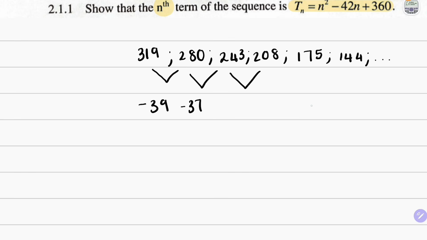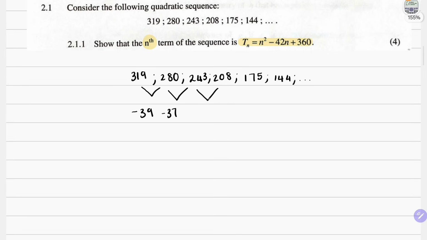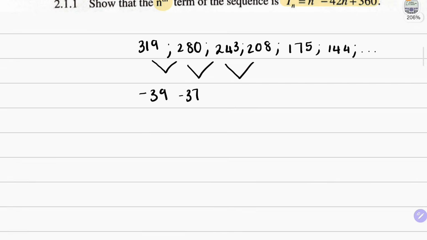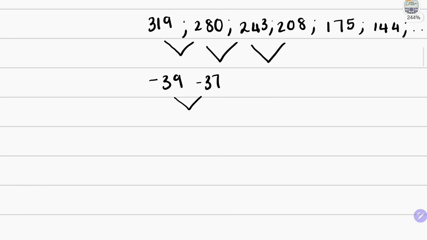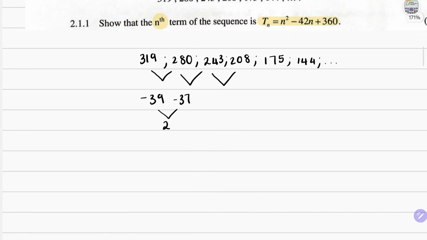And then again, we're going to say 243 minus 208. But at this point, because it is a quadratic sequence, we don't really need these other parts. We really just need these two, and then the second constant difference. From negative 39 to negative 37, we are really just adding 2. So the constant difference is 2.